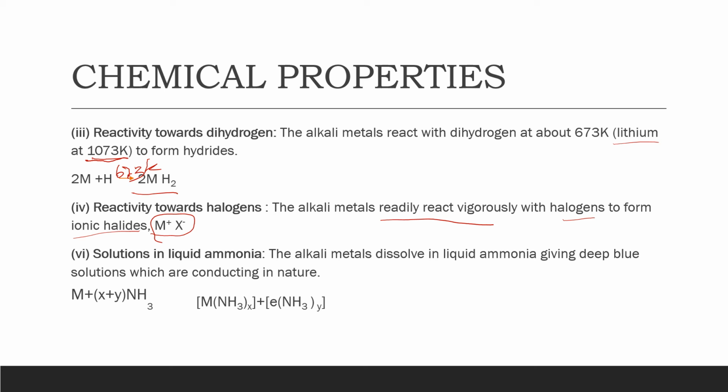When these alkali metals dissolve in liquid ammonia, they give a deep blue colored solution, which is a good conductor. The reaction is this, where M is the alkali metal and NH3 is liquid ammonia.